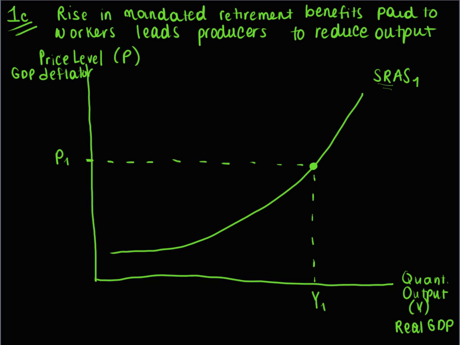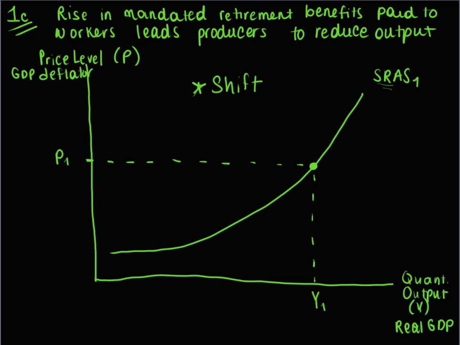Okay, so my next question to myself has to be, am I shifting to the right, in which case I am increasing my supply, or am I shifting to the left, in which case I am decreasing my supply? And so now I really need to think about the intuition of this problem.